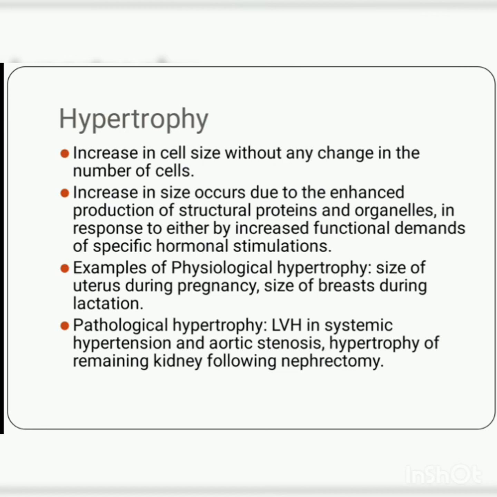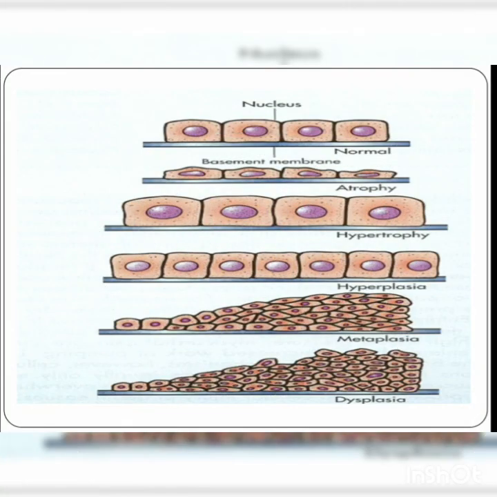Now, the morphological features of hypertrophy. Grossly, the affected organ appears enlarged and heavy. Microscopically, there is enlargement of muscle fibers as well as the nuclei. Then electron microscopy reveals an increased number of organelles.